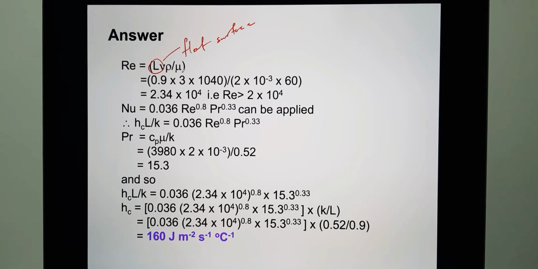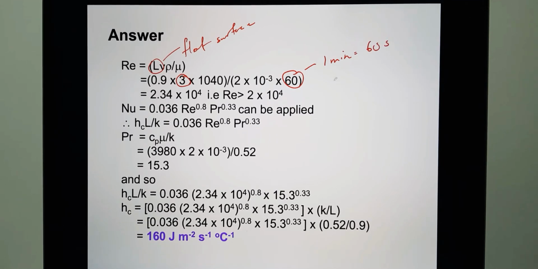Then you just plug in all the values: 0.9 is the length and velocity is 3 meter per minute. Can you see that here, 3 meter per minute? This 60 is meant for 1 minute being equivalent to 60 seconds.